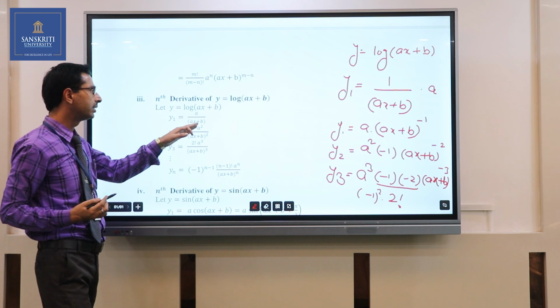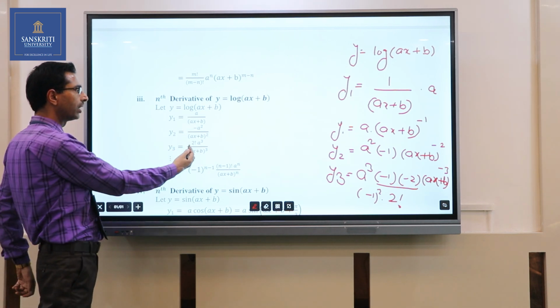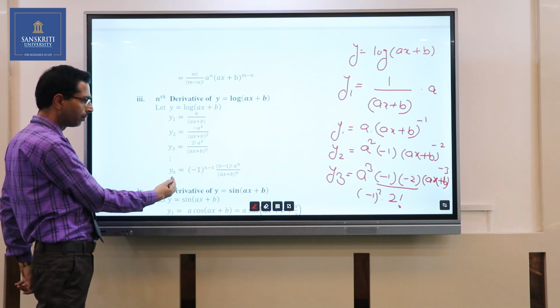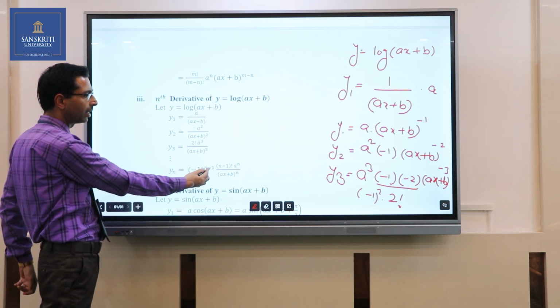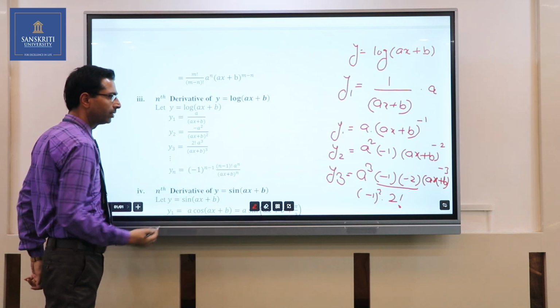So y2 is equal to minus a square upon (ax plus b) to the power 2, and y3 is equal to 2 factorial a cube upon (ax plus b) to the power 3. Is it clear? And so yn is equal to minus 1 to the power n minus 1, n minus 1 factorial, a to the power n, upon (ax plus b) to the power n.